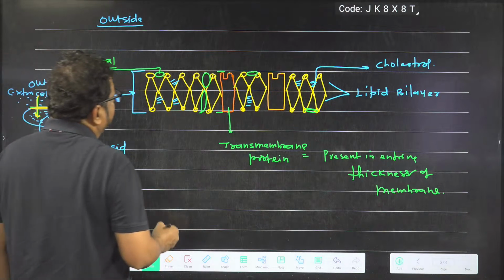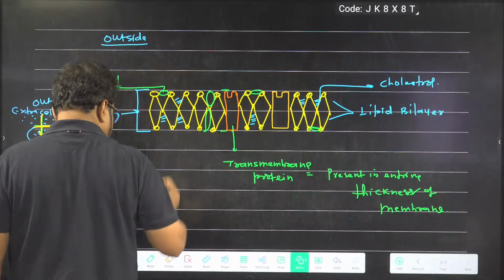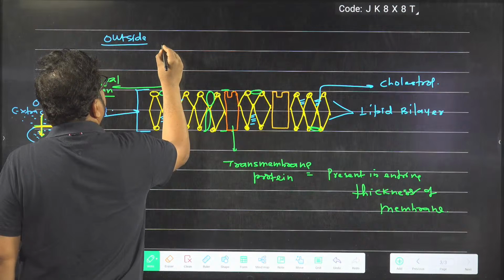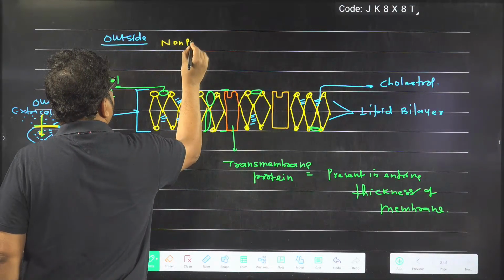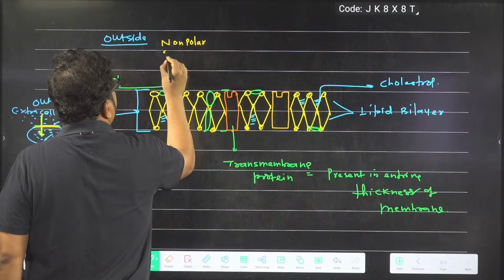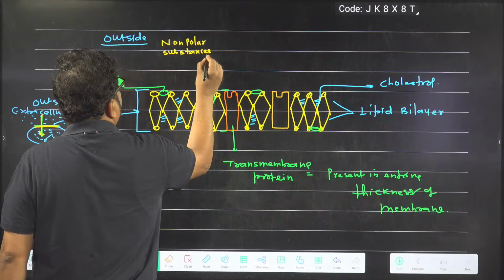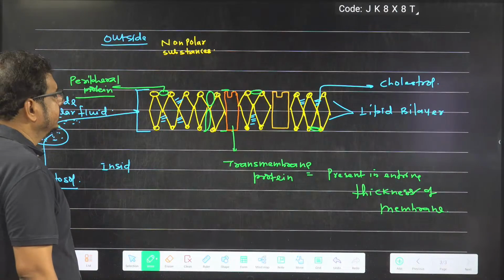I am explaining first, suppose that it is non-polar substances. Got the idea?